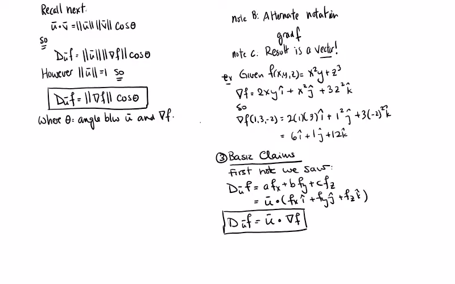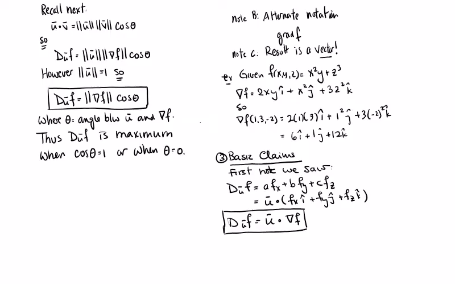So then we ask a question. If I wanted the directional derivative to be as big as possible, how could we do this? Well, the gradient is however big it is. So in order to make the directional derivative big, we need to make the cosine big. The biggest the cosine can be is 1, and that occurs when theta is 0. So this directional derivative is maximum when cosine theta equals 1, or when theta equals 0.